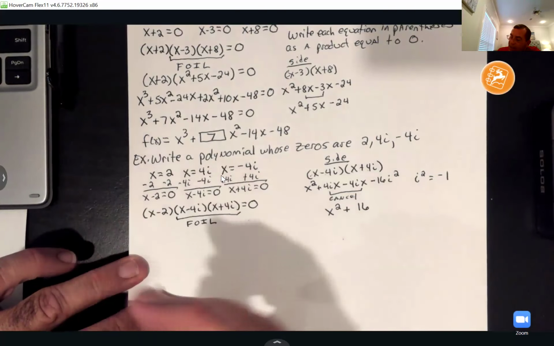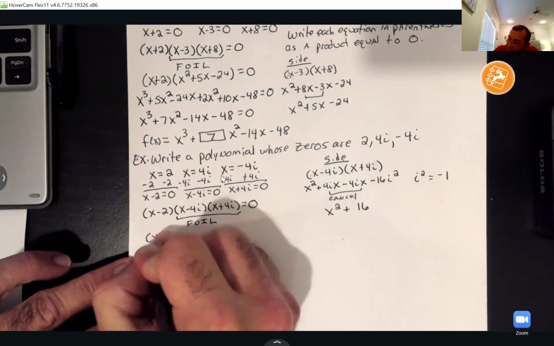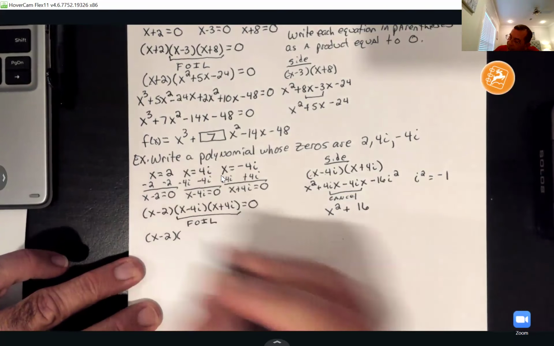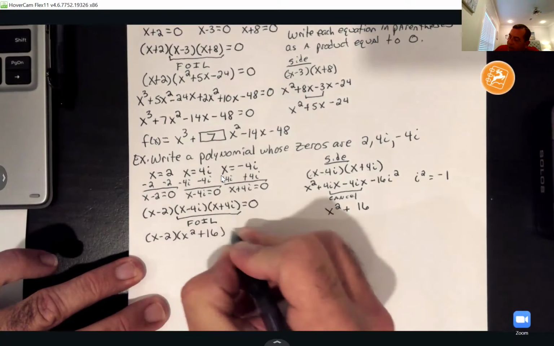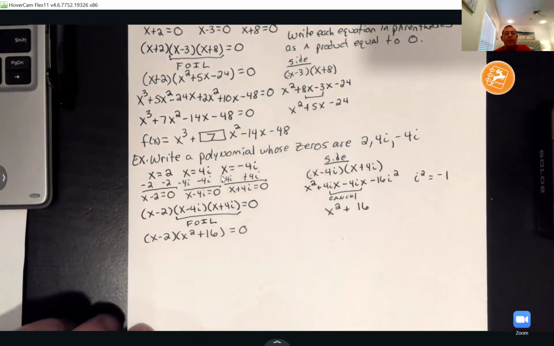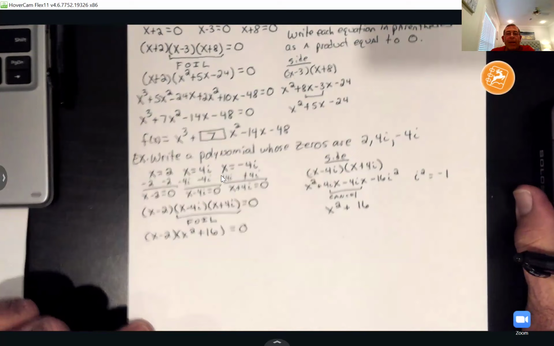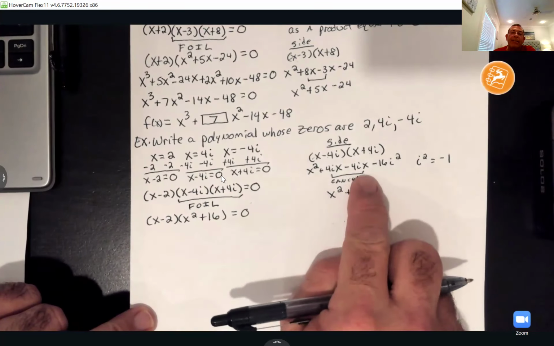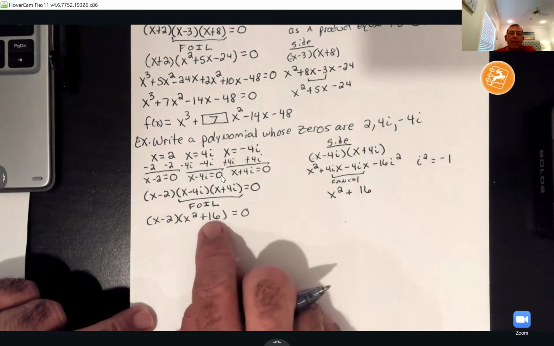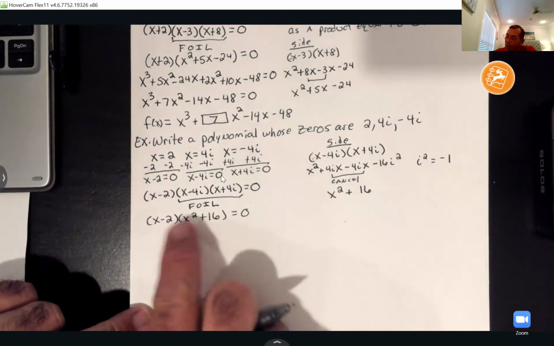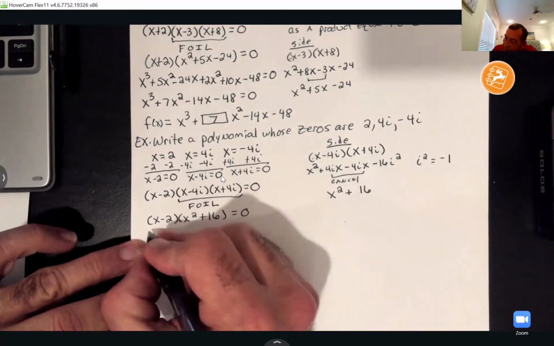So bring down your x minus 2. And then we'll put in our x squared plus 16 and set it all equal to 0. So now you see why I started with that, because the i's canceled every time. And this is only 2 things times 2 things. So let's FOIL these and be done.